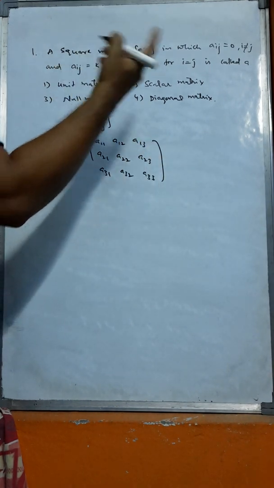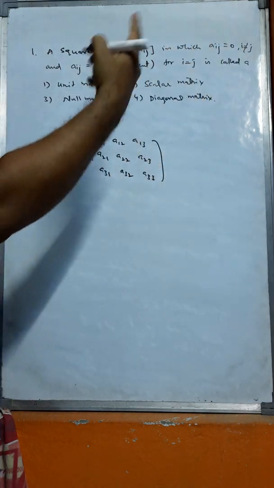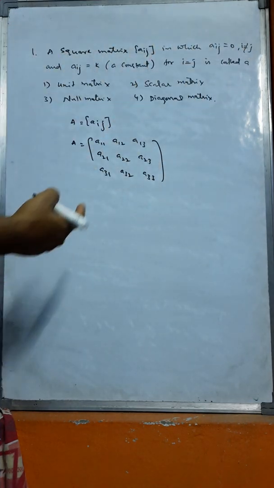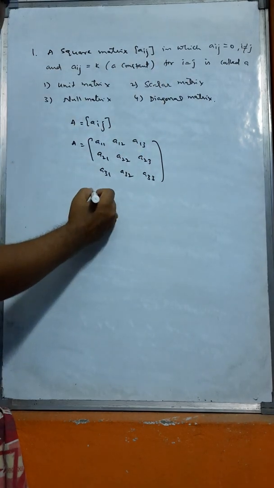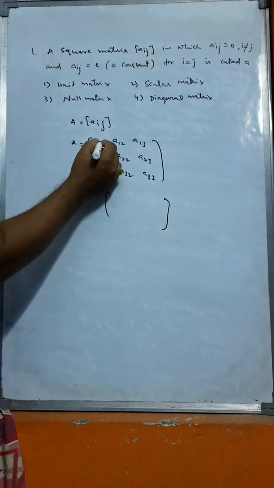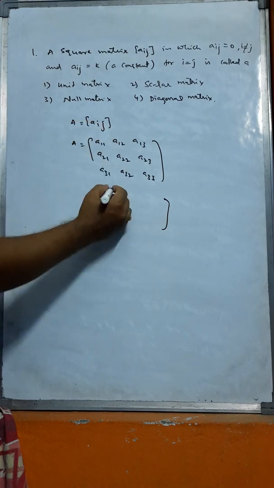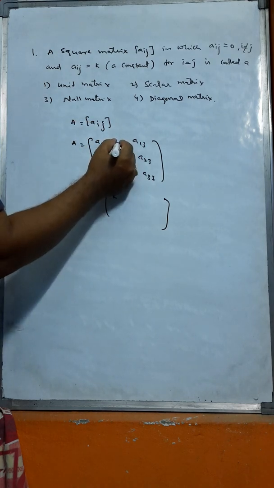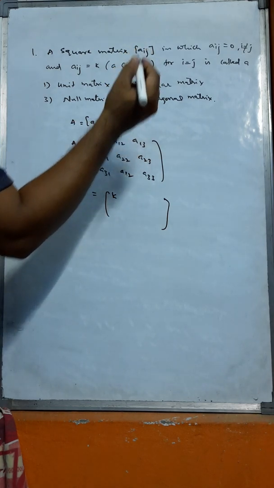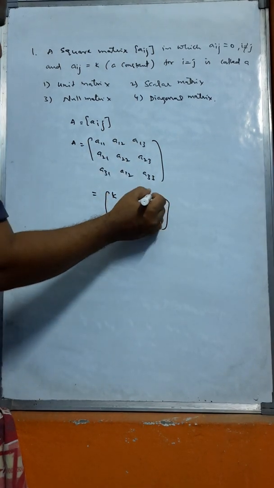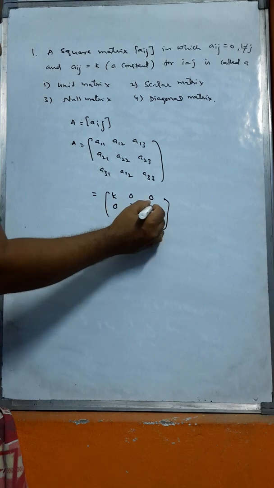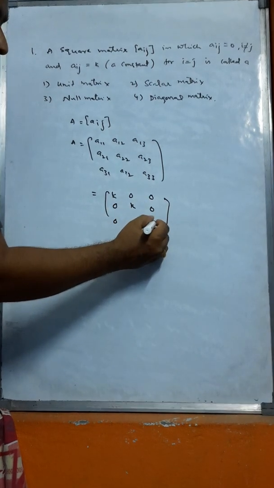So here Aij equal to 0 if i is not equal to j, and Aij is equal to k for i equal to j. So for A11, these two are equal, so we can put k. For A12, i and j are not equal, so we keep 0, here 0, here 0, here k, 0, 0, 0, k.